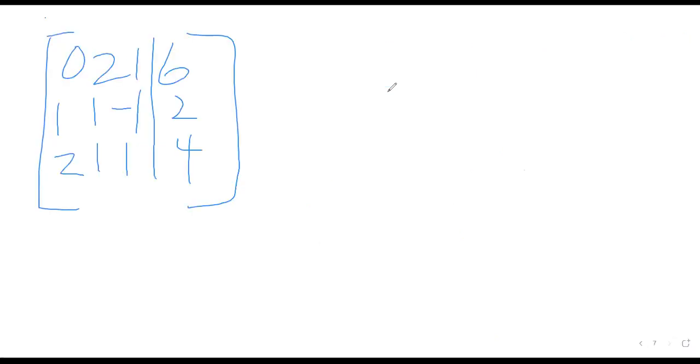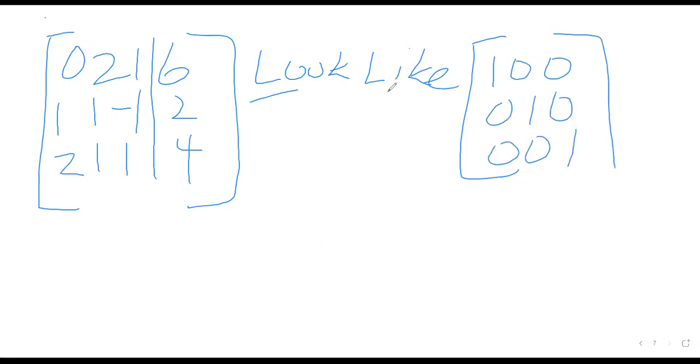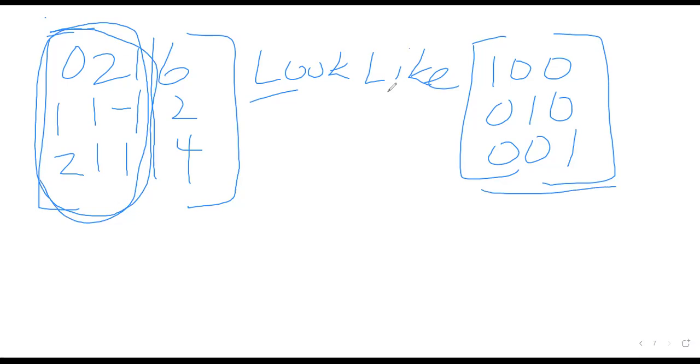So our main aim is to change it to look like this: 1, 0, 0, 0, 1, 0, 0, 0, 1. That's what we are aiming at here.